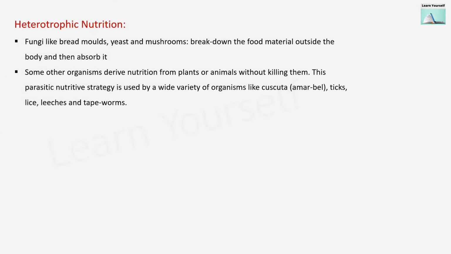Now comes the heterotrophic mode of nutrition. Fungi like bread molds, yeast and mushrooms break down the food material outside the body and then absorb it. So this is the difference, that they first break down the food material outside their body and then absorb the nutrition from that. Some other organisms derive nutrition from plants or animals without killing them.